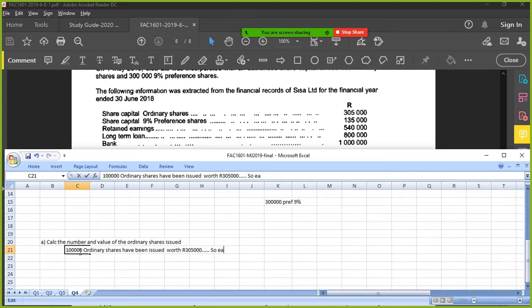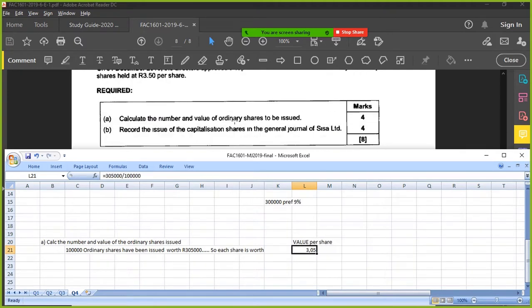So each share is worth 305 divided by 100, which is 3 Rand. Value per share. All right, so that's question A. Do you see that? Yes.